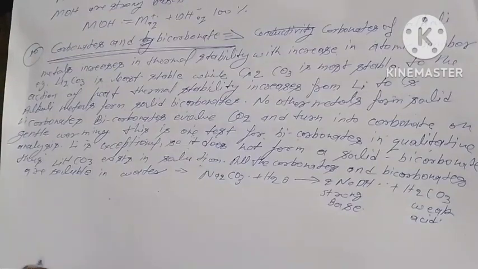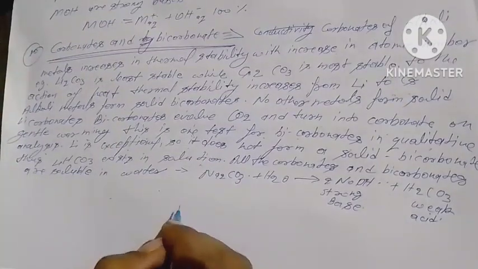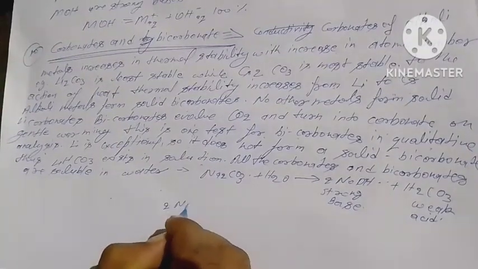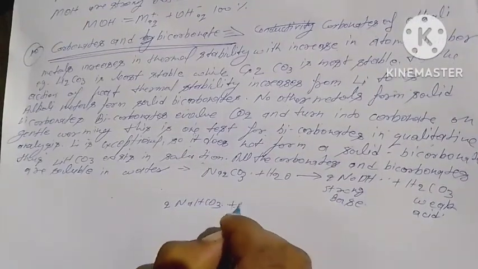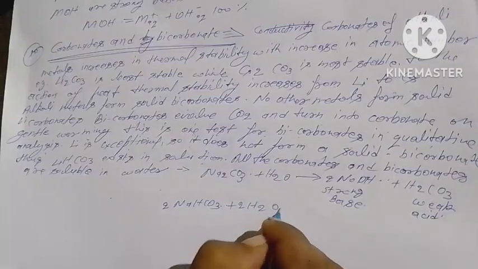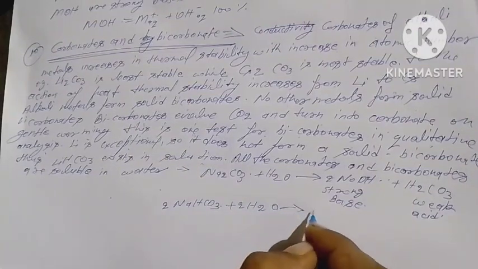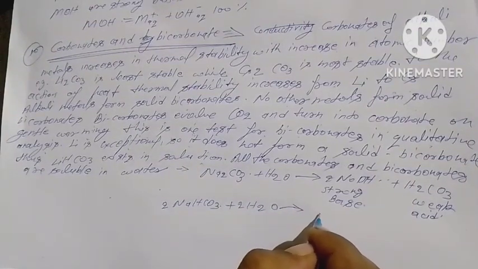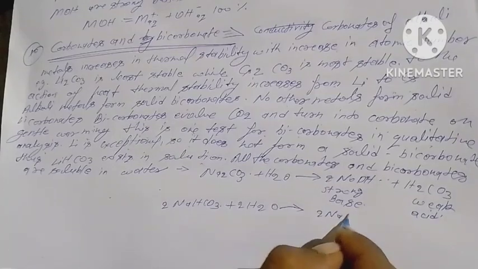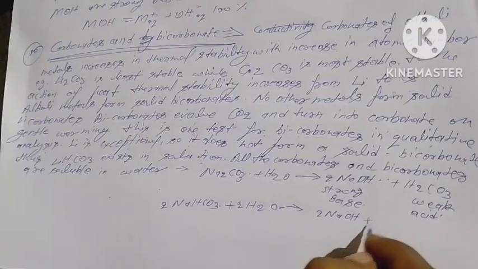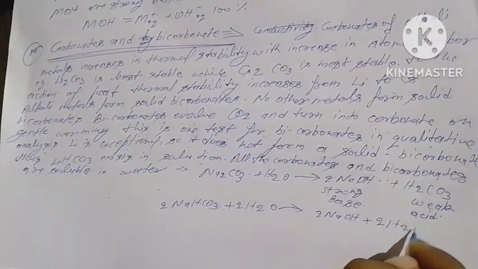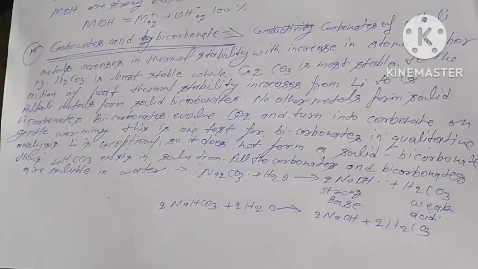And again, sodium bicarbonate: 2NaHCO3 plus 2H2O is converted after reaction into NaOH, sodium hydroxide, plus H2CO3.